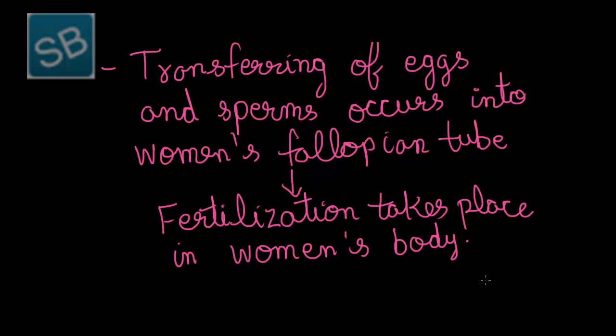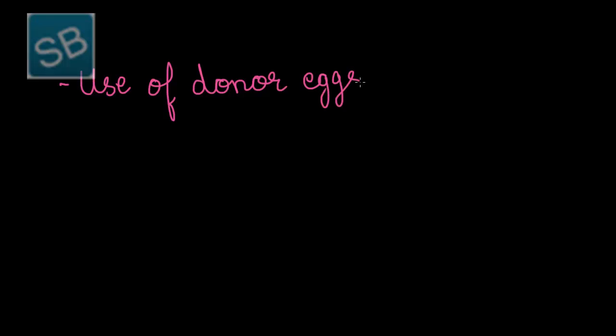Thus, these three methods, that is in vitro fertilization, ZIFT and GIFT, are the basic or common methods of ART, that is assisted reproductive technology. However, apart from this, there are also a few exceptions, which involve the use of donor eggs, that is the eggs from a foreign body or from another woman.